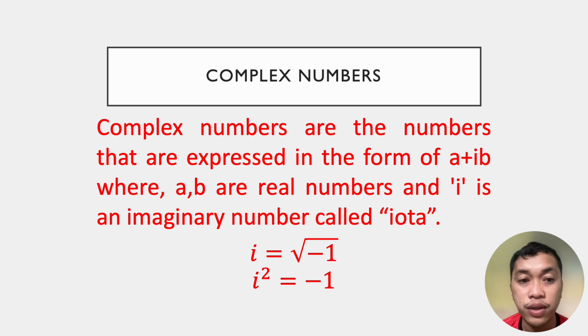If we square this, we get i squared is equal to -1. Please remember this basic concept, as we will use it in our operations and higher applications of complex numbers or imaginary numbers.